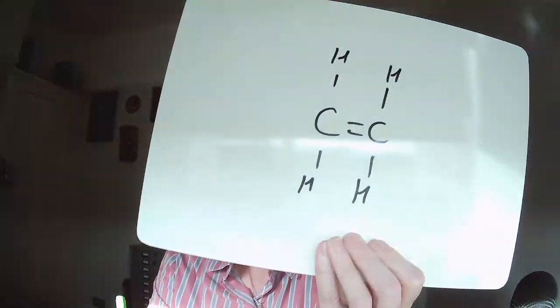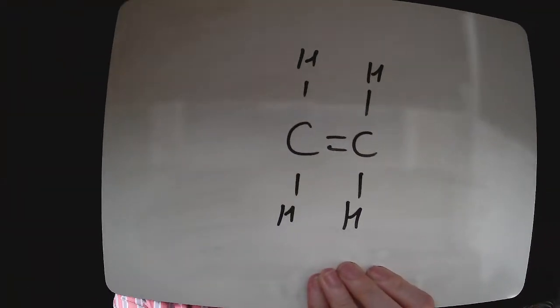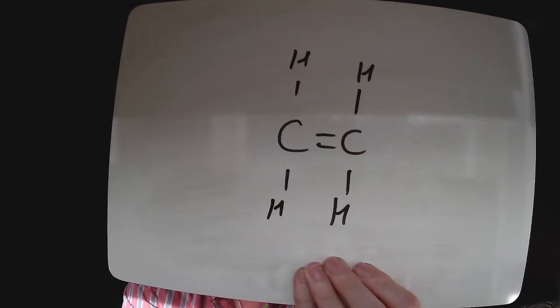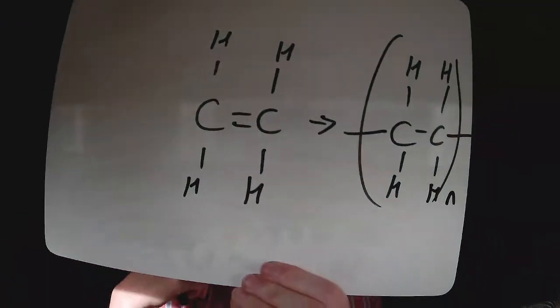If they ask you to draw the displayed formula for a polymer, then they will give you a monomer first of all. So if we just do a quick monomer here, there's our monomer. Now, your monomer will always have a double bond in the middle. If they ask you to draw the displayed formula for the polymer, quite simply, all we're going to do is copy it, changing the double bond for a single one, sticking it in brackets, arms out the side, and a little N in the bottom corner.